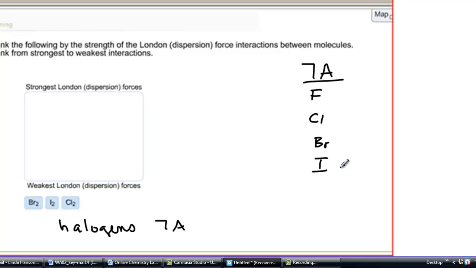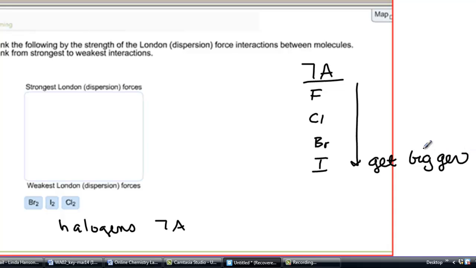Underneath that lives iodine. So this is an important periodic trend. We know that fluorine, being in our first row here of group 7A, would have the least amount of energy levels as we're building the atom. And iodine would have the most energy levels. Atoms get bigger as you go down the column.